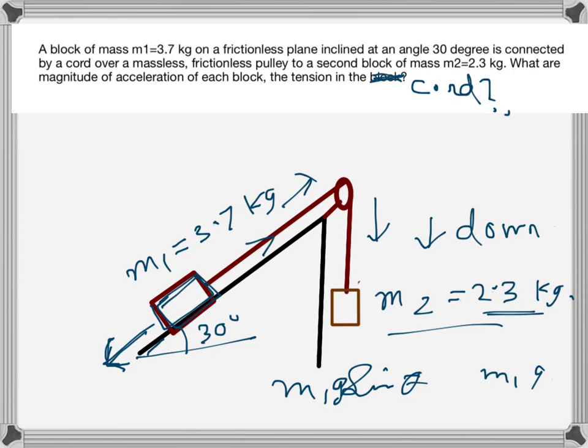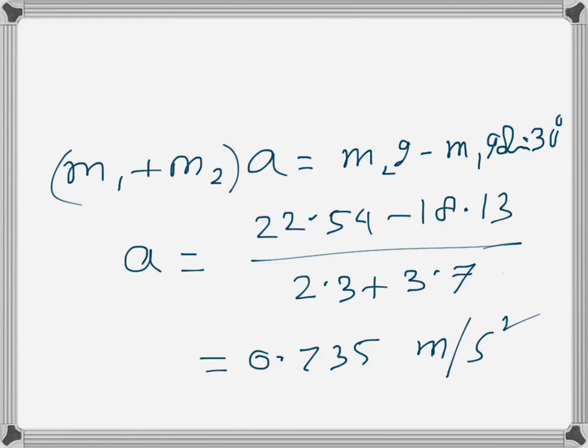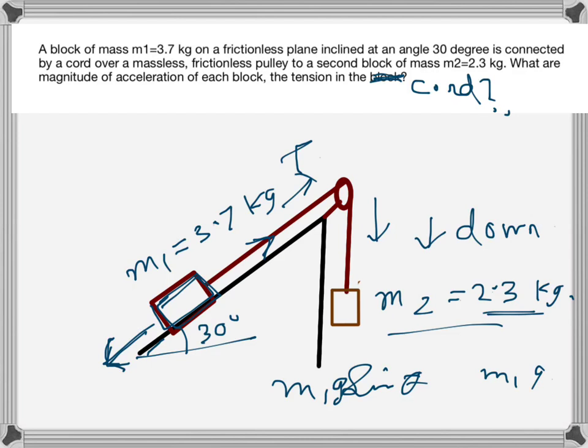The tension will be in this direction, T, so T minus m1 g sine theta is equal to m1 a. That will be the equation for tension, because the tension force is acting in this direction and m1 g sine theta is acting in that direction.